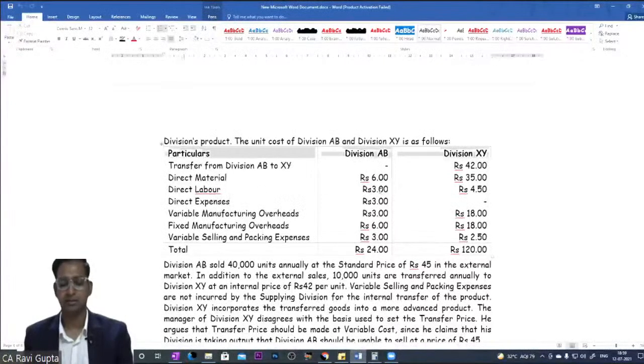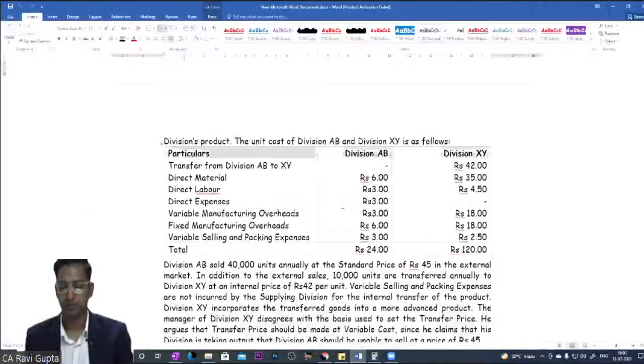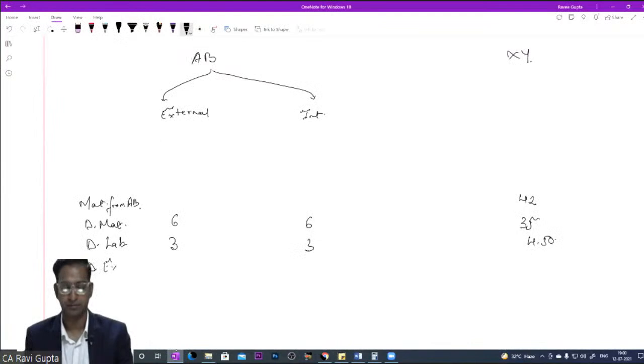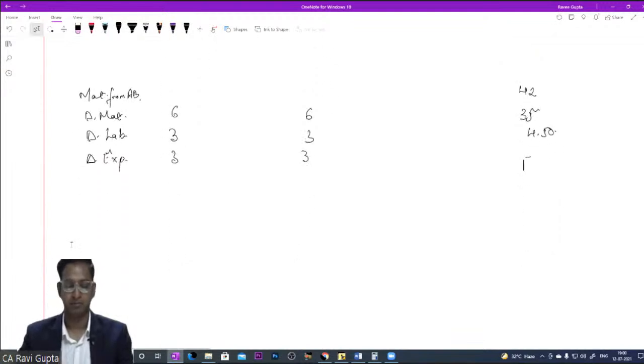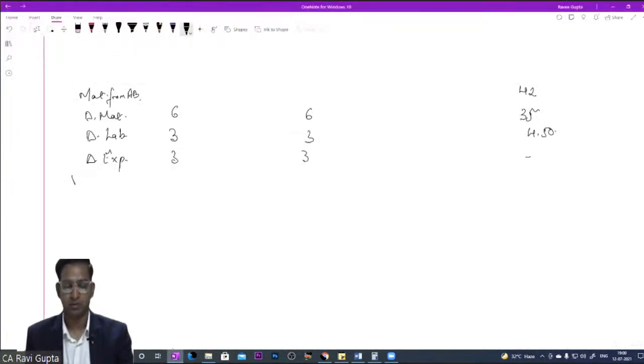Then we have direct labor at 3 rupees and 4.5 rupees. Then direct expenses of 3 rupees. It's saying variable manufacturing overhead is 3 rupees and 18 rupees.